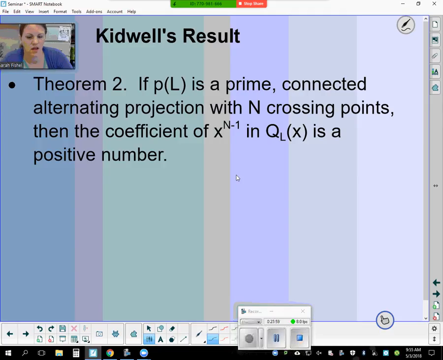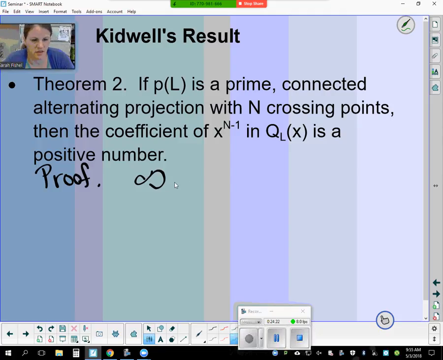Okay, the theorem is true for the lemniscate projection, and we know that because the lemniscate projection is, of course, prime. We've already discussed that. It's connected, and it is alternating because we are over, under, only one time there, with n crossing points.